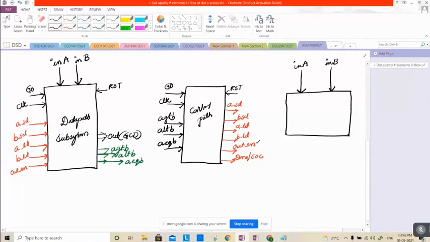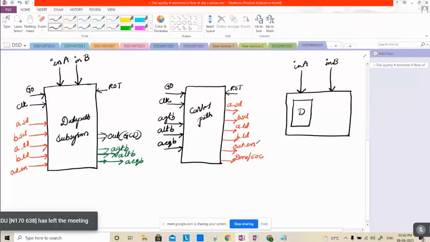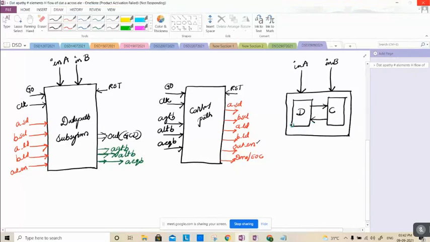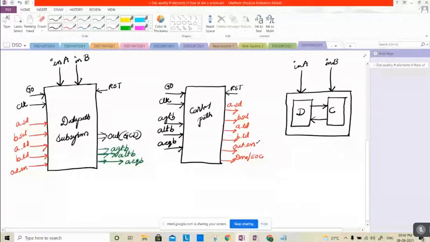Input A and input B. Now it is going to have both the data path and also the control path, so there will be communication between these two paths. Go is an external signal.